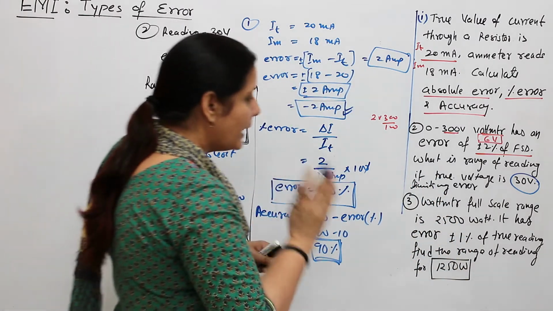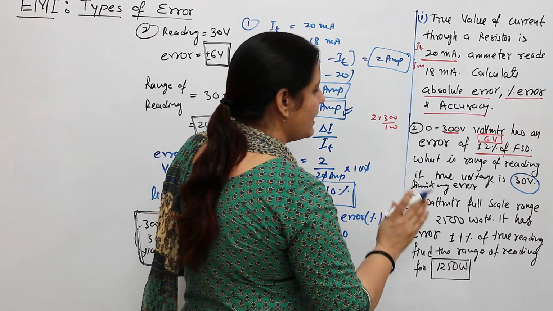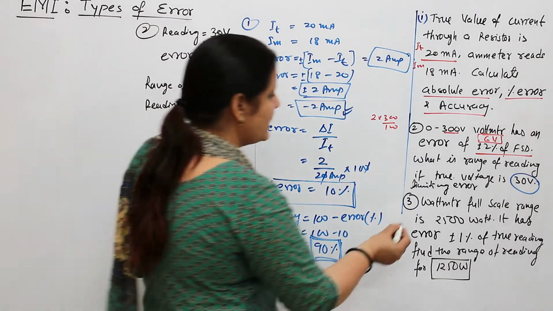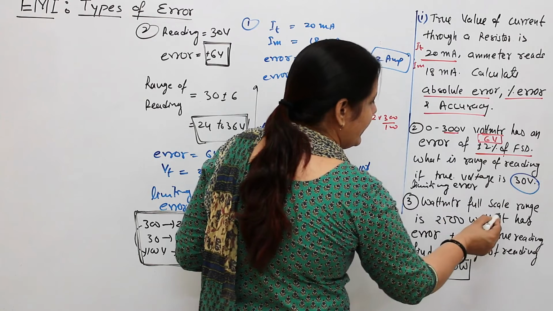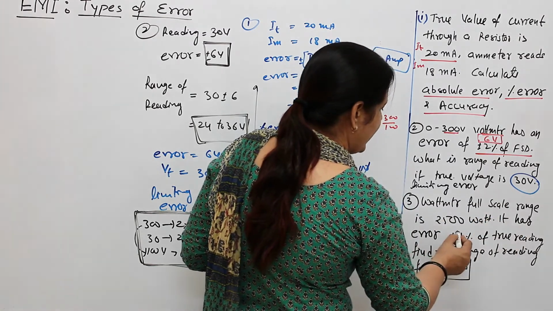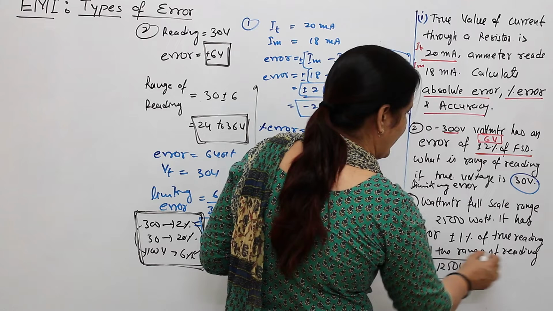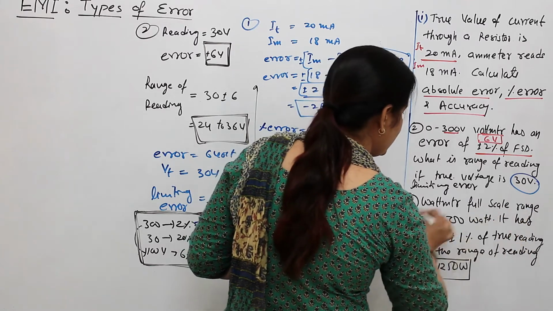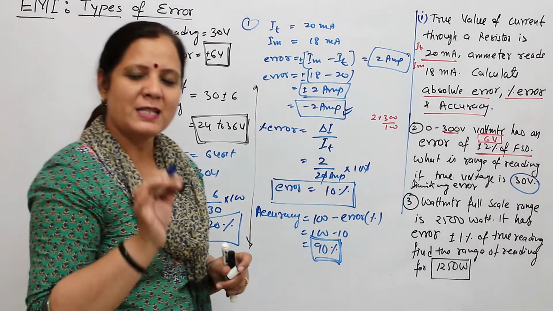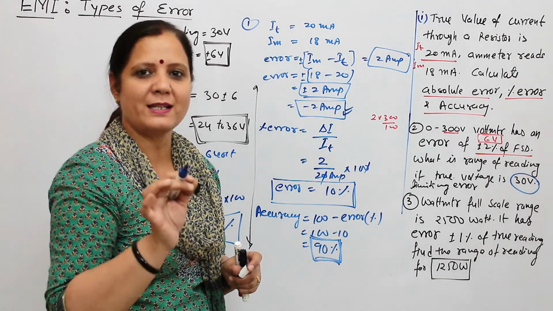Until the error is mentioned at FSD, there is no use of the full scale reading. So this statement is not required. It can start here: a wattmeter reads with error plus minus 1% of true reading, find the range of reading.